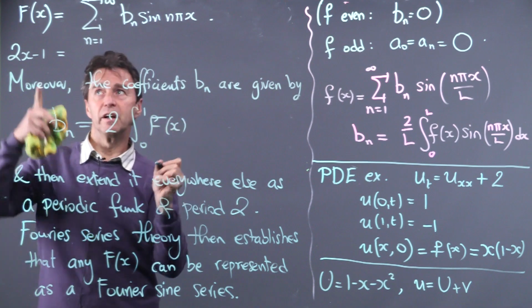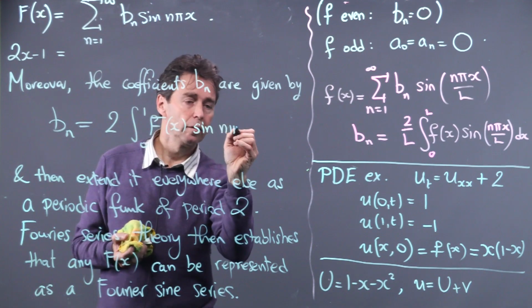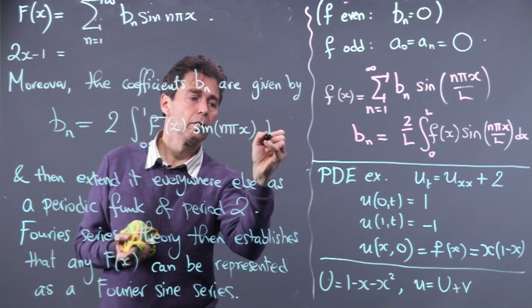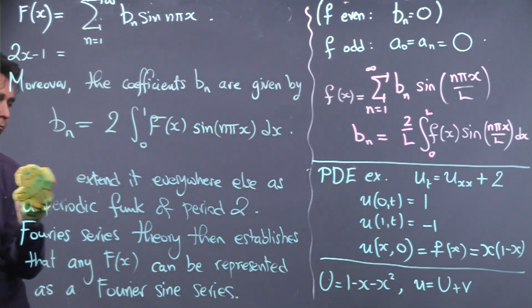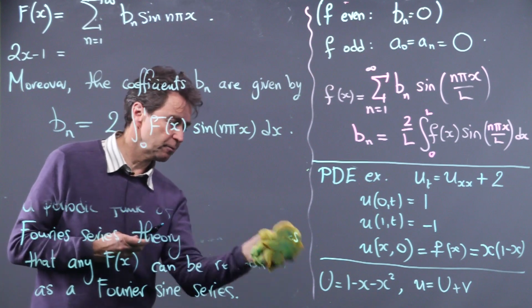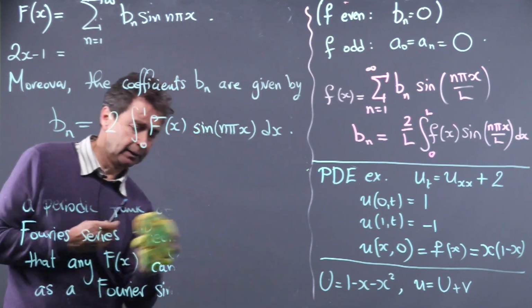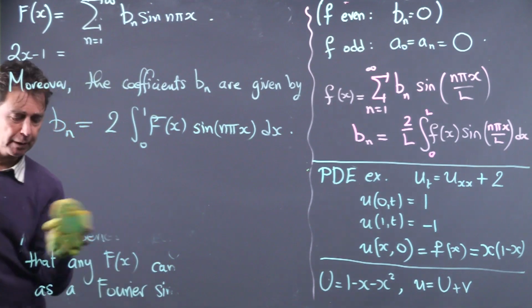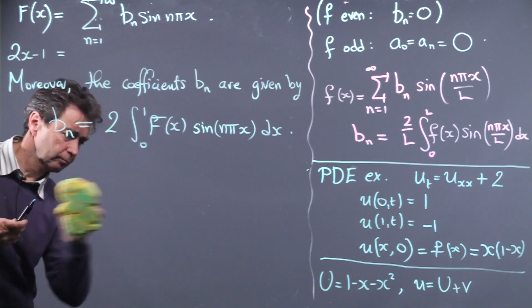I'm dealing with a big F, not a little f. There it is. So that's the information that comes from Fourier series theory. It establishes that it can be done, and it tells me what the coefficient is.